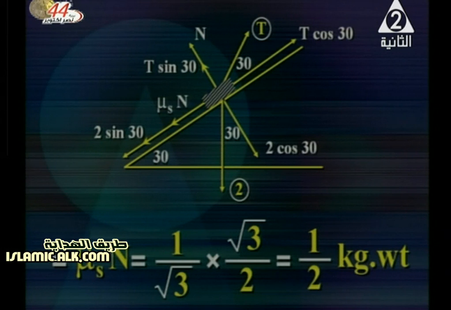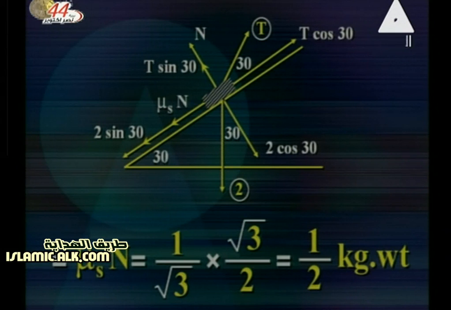At the end, we deduce that when Fs is more than F, the body does not move, it is not about to move. But when Fs is smaller than F, then the body is about to move. The condition of body movement is Fs smaller than F. In this case it is kinetic friction force.